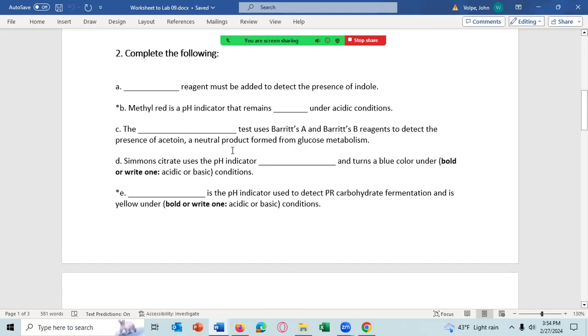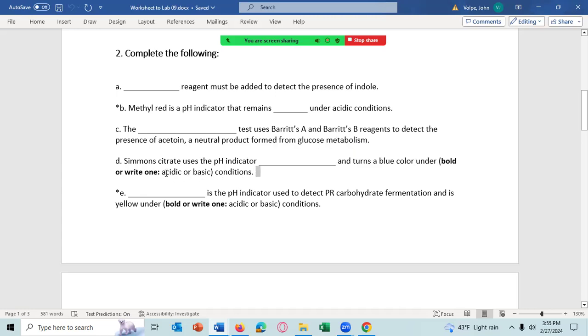2D, Simmons citrate uses the pH indicator, give the name of it, and turns blue color under what conditions, acidic or basic. So you need to add the name of the pH indicator used in the Simmons citrate test right there. And then you need to tell me what the blue color is under either acidic or basic conditions. Now, to give me the acidic or the basic, you could write it here, that's fine.